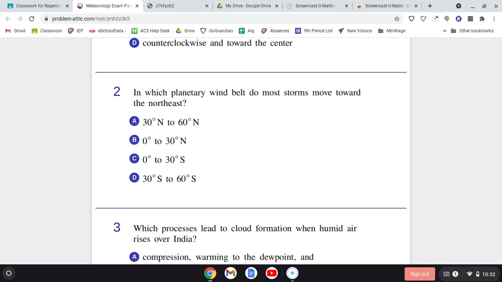Is it the 30 degrees north to 60 degrees north? 0 to 30 degrees north? 0 to 30 degrees south? 30 degrees south to 60 degrees south. Which planetary wind belt do most storms move towards the northeast? So we know we can get rid of D, right? And we know we can get rid of C.